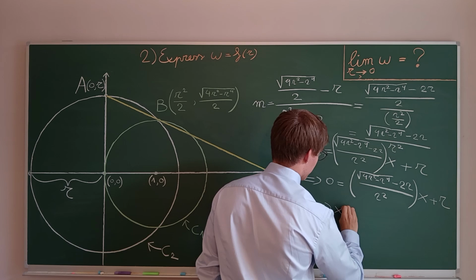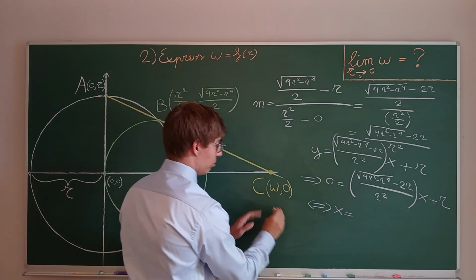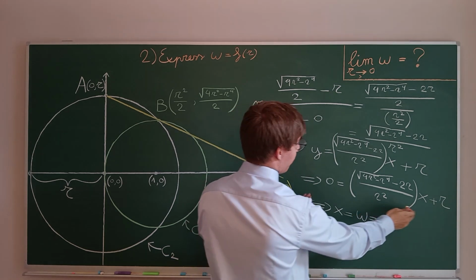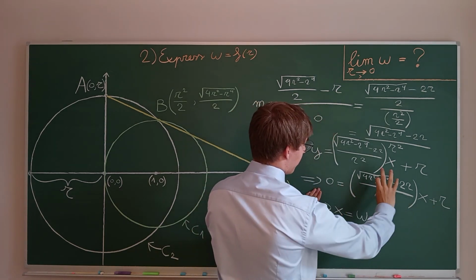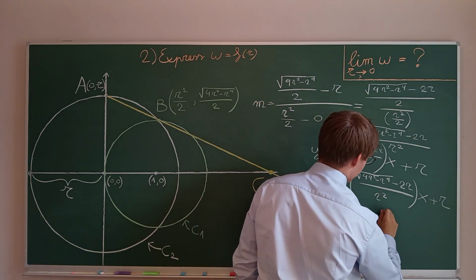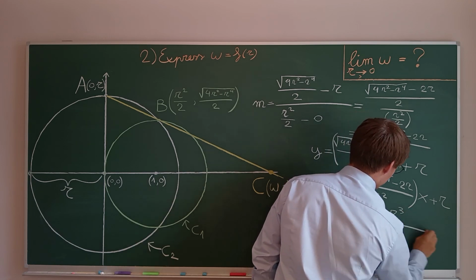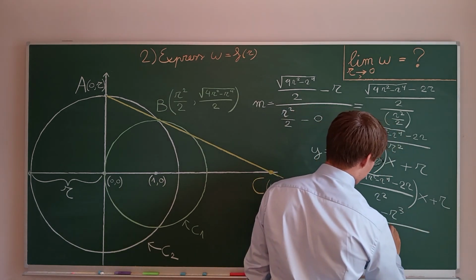so that x, which is equal to omega, is equal to minus r divided by this, so we get minus r cubed divided by something.